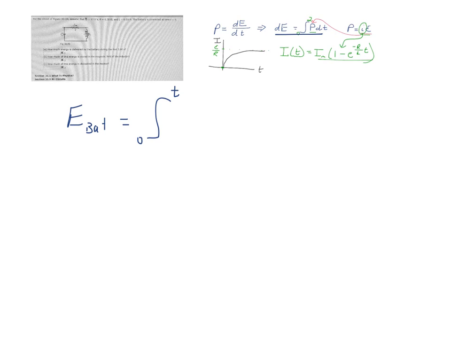Then I'm going to put in the power equation right here, which is going to be the voltage times I. Now, I is going to be E over R. So I have E times E over R, which gives me E squared over R. And since that value was my E over R times this E right here, I still have to include my 1 minus e to the negative R over L times t.